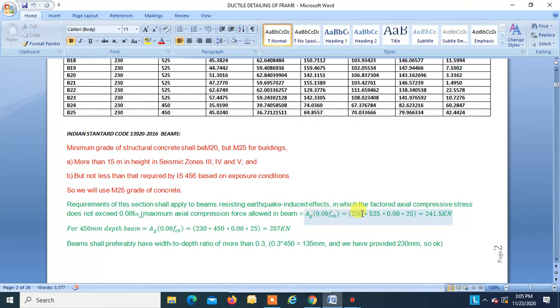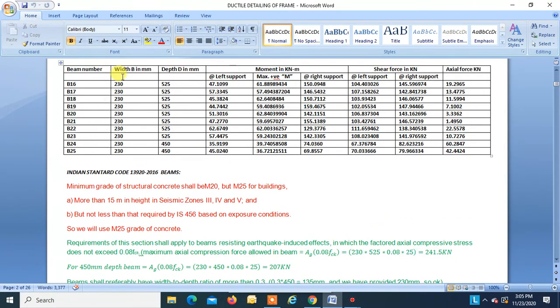For beam size 230 by 525, gross cross-sectional area times 0.08 times fck gives 241.5. The axial compression force in the member should be less than 241.5, then it can be considered a flexure member. Otherwise it has to be designed as a column member.